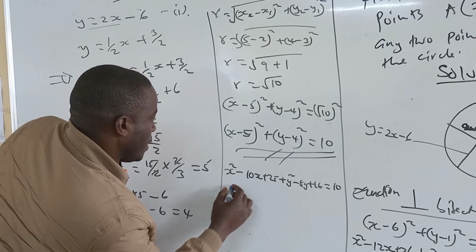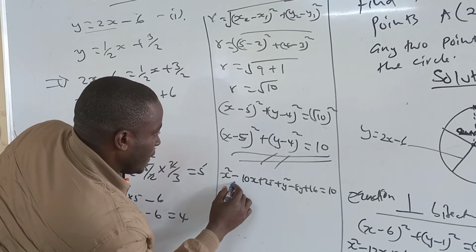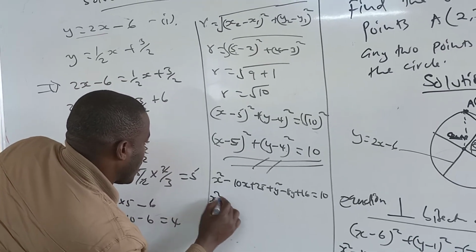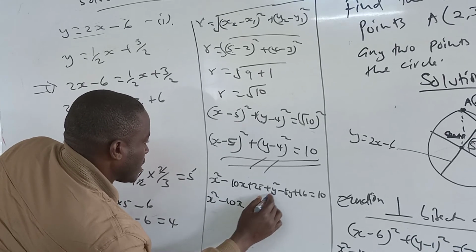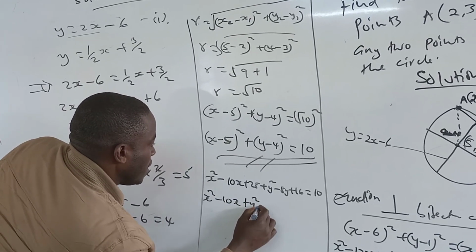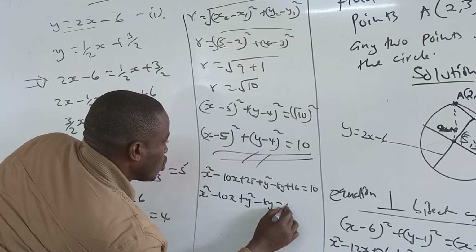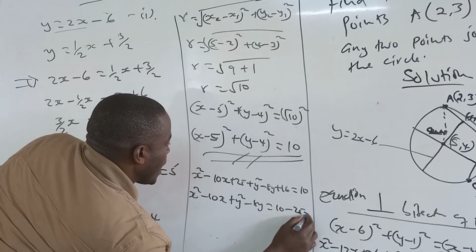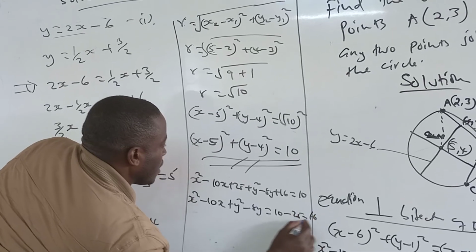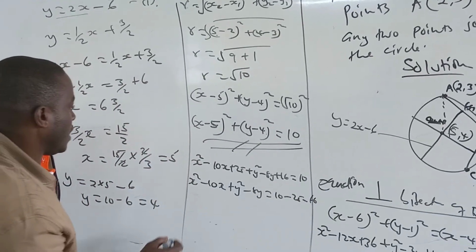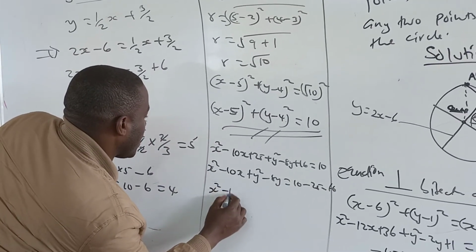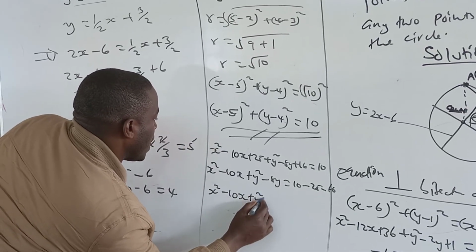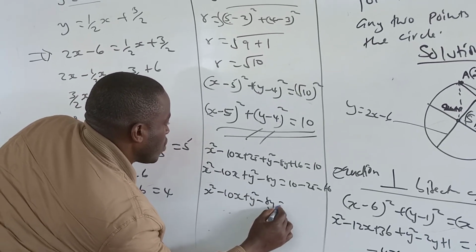So we have x squared minus 10x plus y squared minus 8y equals 10 minus 25 minus 16.